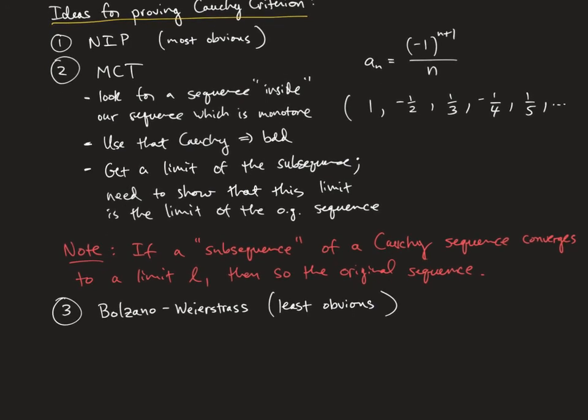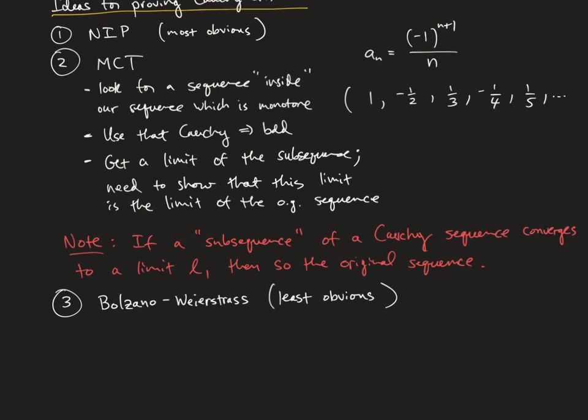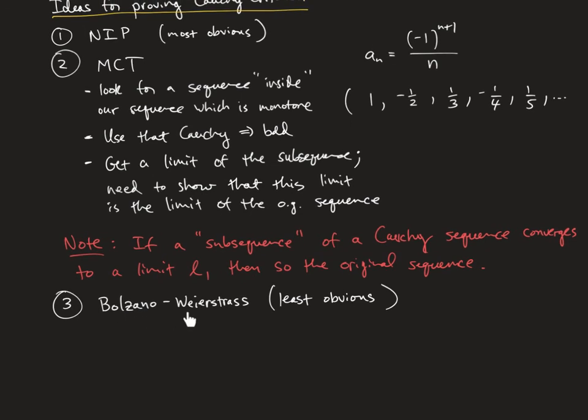Okay, so the Bolzano-Weierstrass theorem is a totally different theorem that I haven't talked about yet, but it says that a bounded sequence has a convergent subsequence.